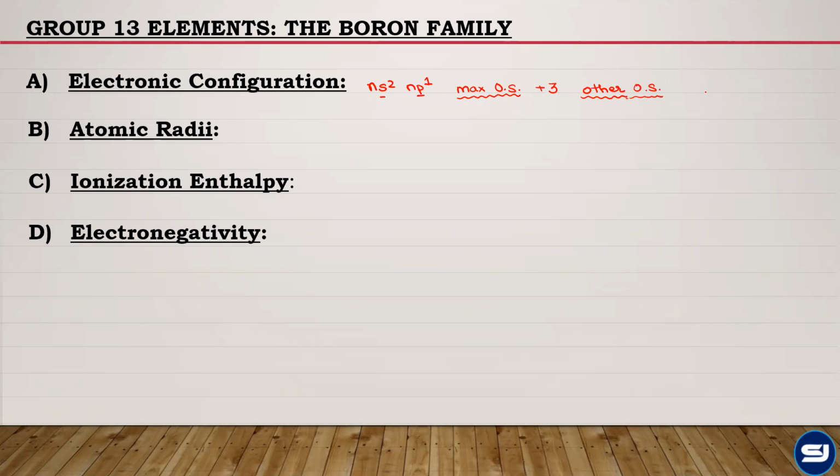ठीक है? Now +1 तो हो गया positive oxidation state की बात. What is the negative oxidation state which this group can show? नेगेटिव ऑक्सीडेशन स्टेट क्या बता सकता है? -5.